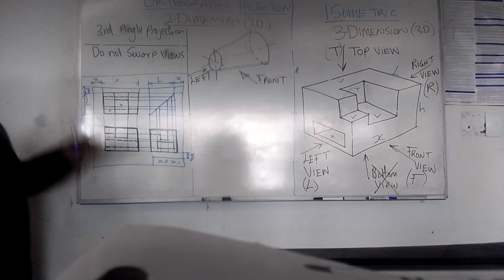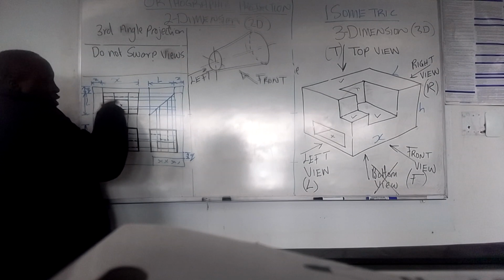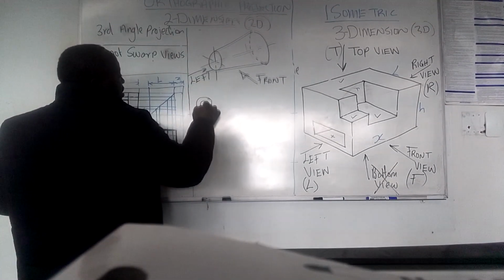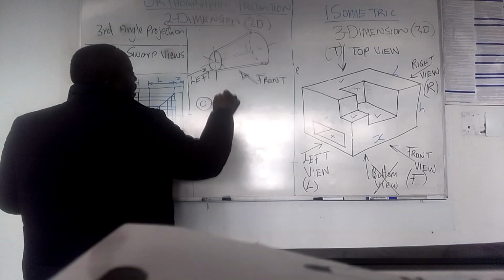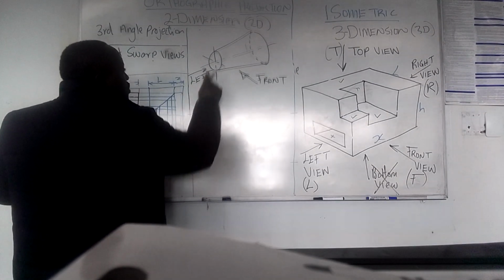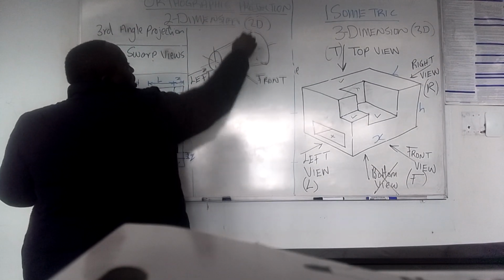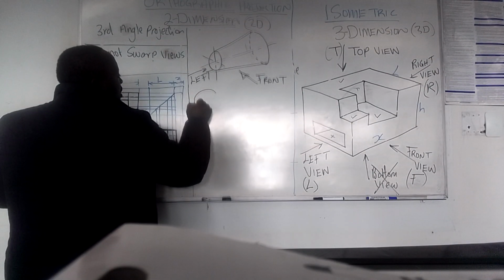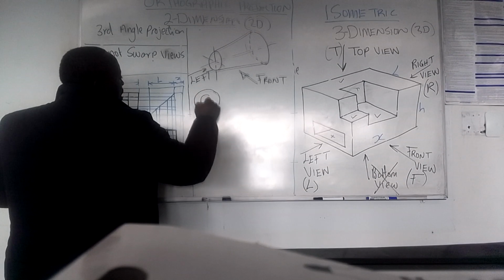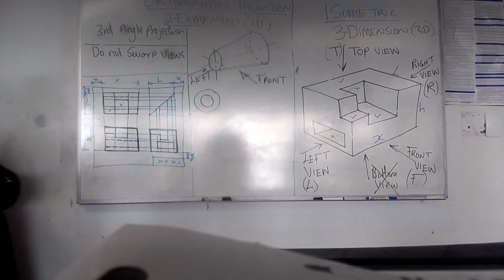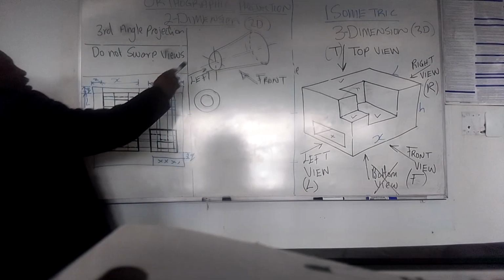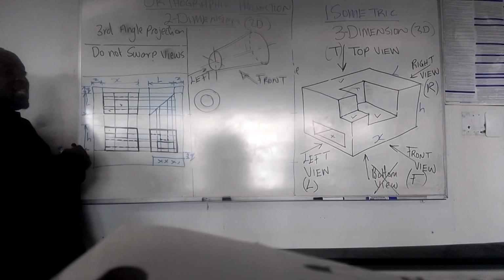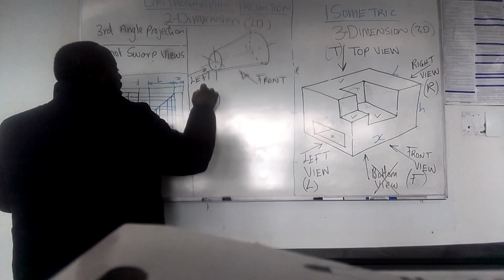So when I'm drawing this in third angle projection, I'll draw first the big circle, small circle. The small circle is this one, big circle is that one. Okay, like that. So I've drawn this and that on my left-hand side according to third angle projection.